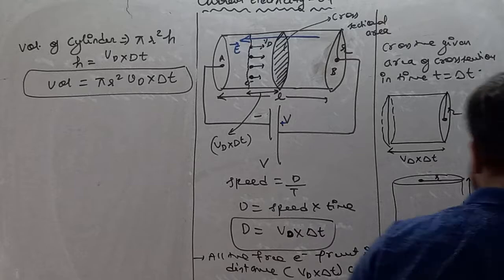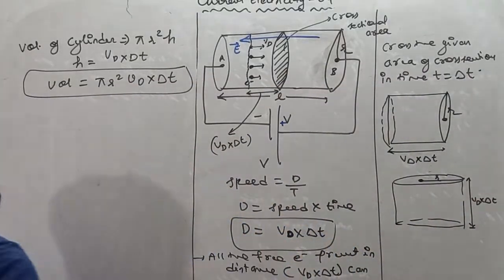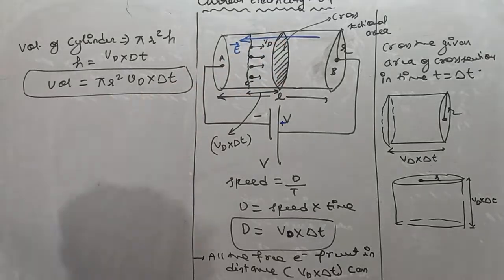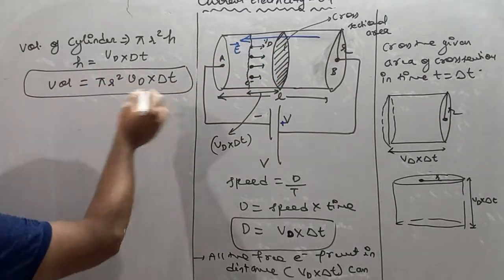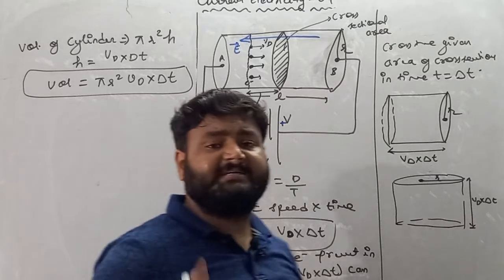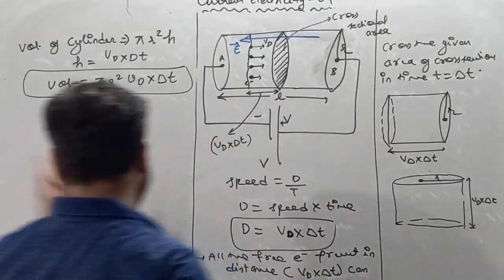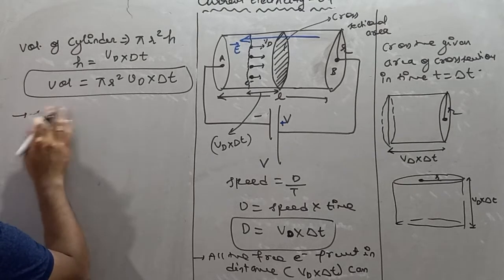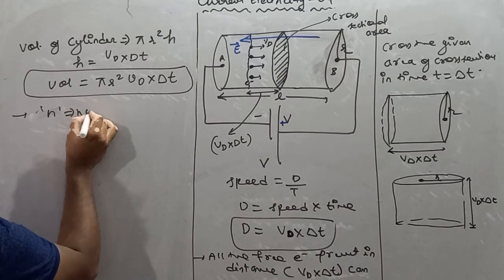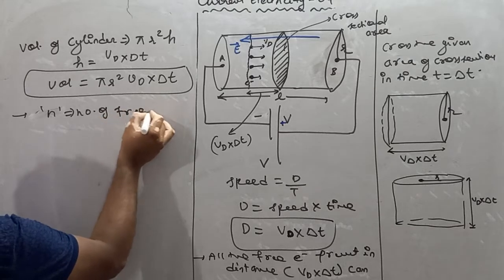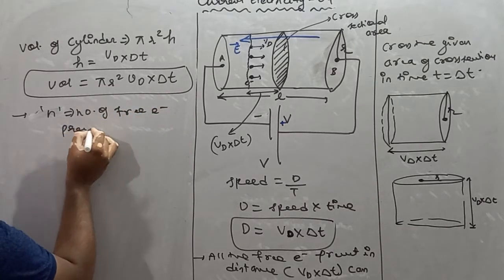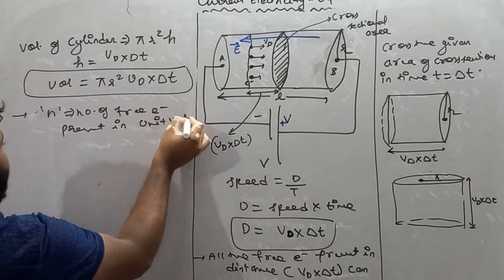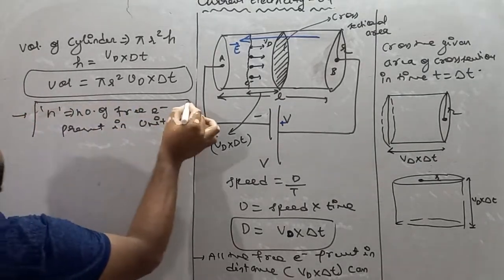Now check it out, my dear student. I am interested to find how many free electrons are present in this volume. As we discussed earlier, small n is the number of free electrons present in unit volume.